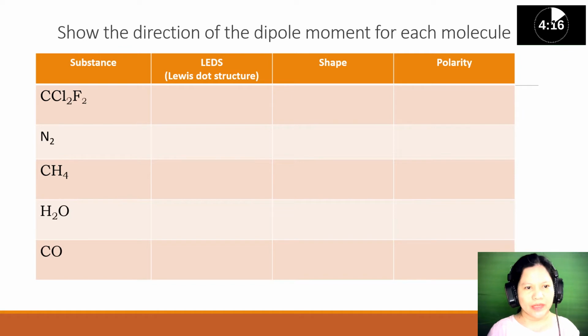In writing down the Lewis dot structure, you should know how to write the electron configuration of the element.